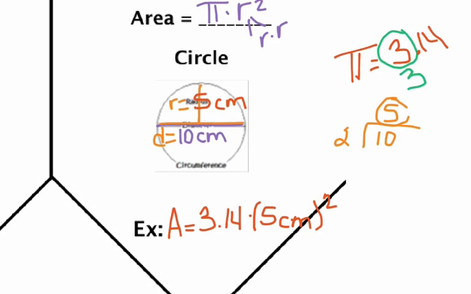So we substitute the formula, and in place of pi, we're using 3.14 and multiply that times our radius squared. Our radius is 5 centimeters, so we are multiplying 5 times 5, not 5 times 2. 5 squared written out would be 5 times 5.